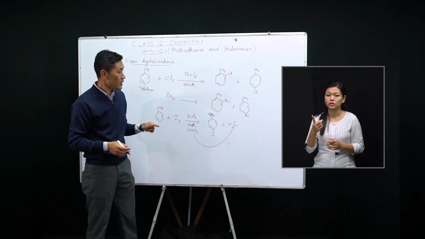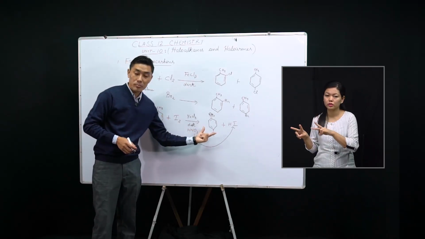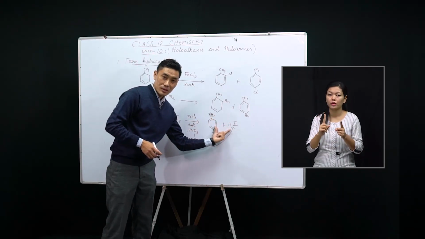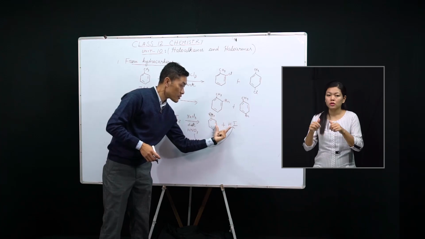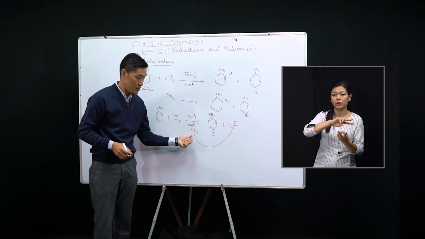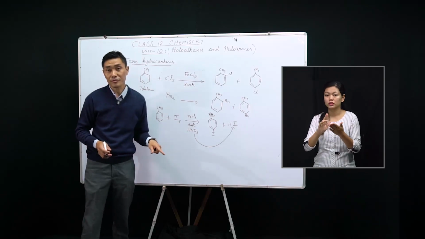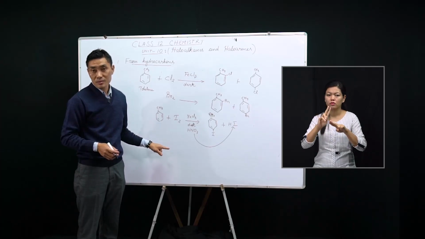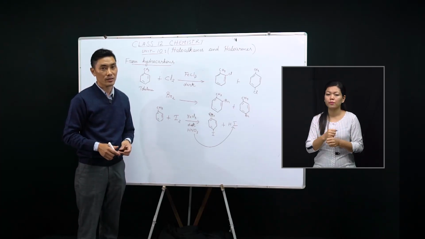The second point is that iodoarenes can also be prepared, but the reaction is reversible. Therefore, to prevent the backward reaction from taking place, we use an oxidizing agent. And the third point is that fluoroarenes are usually not prepared using this method because fluorine is very highly reactive.